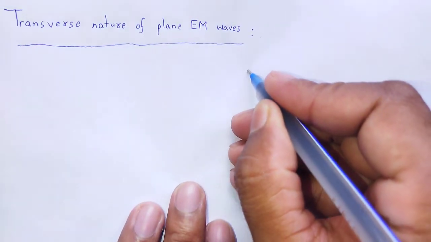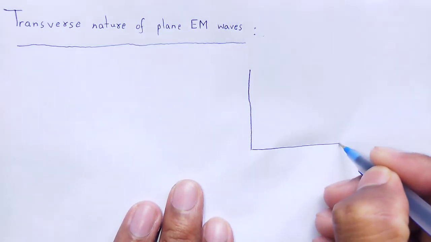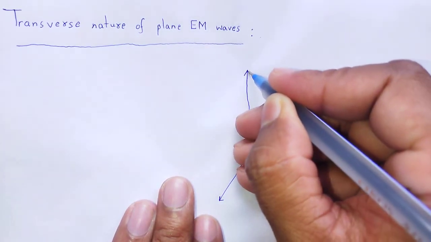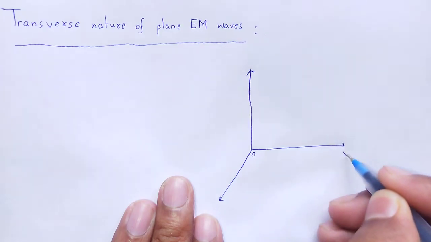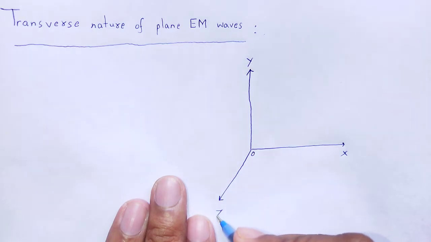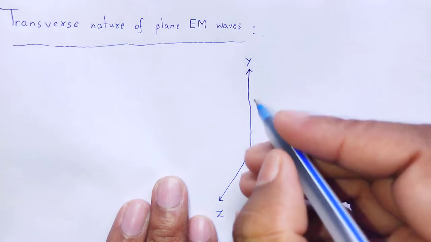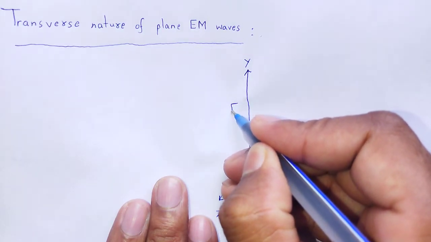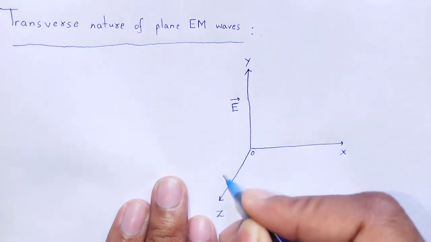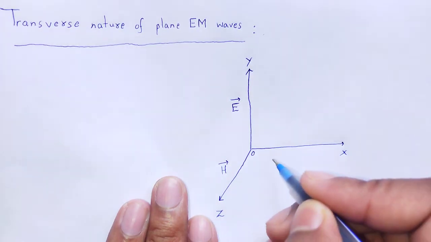Let us consider the coordinate system as x, y, z. Y direction for electric field, z direction for magnetic field intensity.